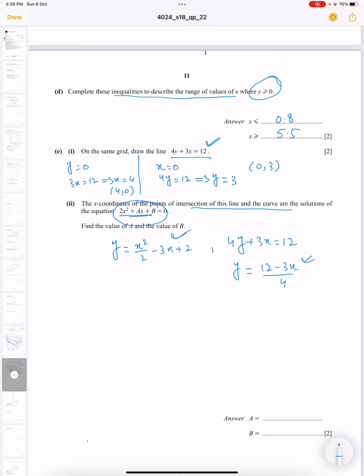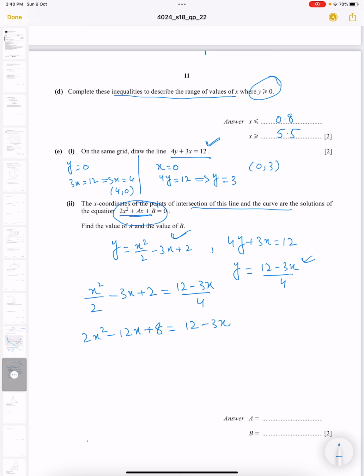We can put them both equal because they are intersecting each other. So by putting them equal, we get x squared over 2 minus 3x plus 2 is equal to 12 minus 3x over 4. Now by multiplying 4 to the left hand side, we get 2x squared minus 12x plus 8 is equal to 12 minus 3x.